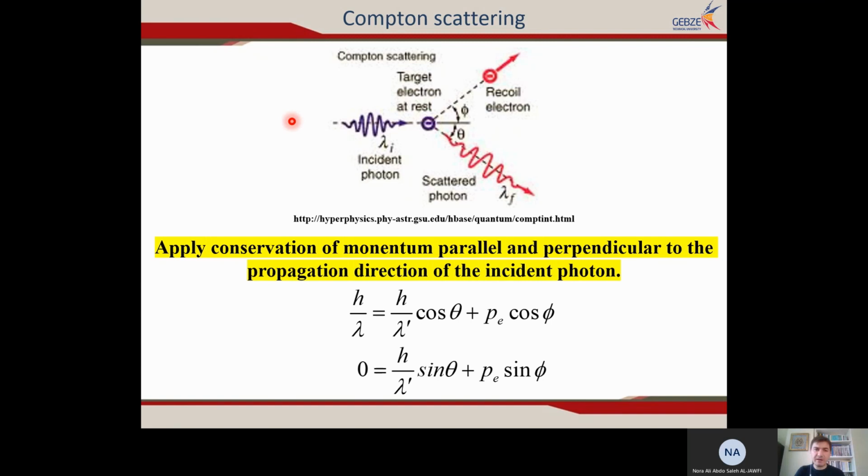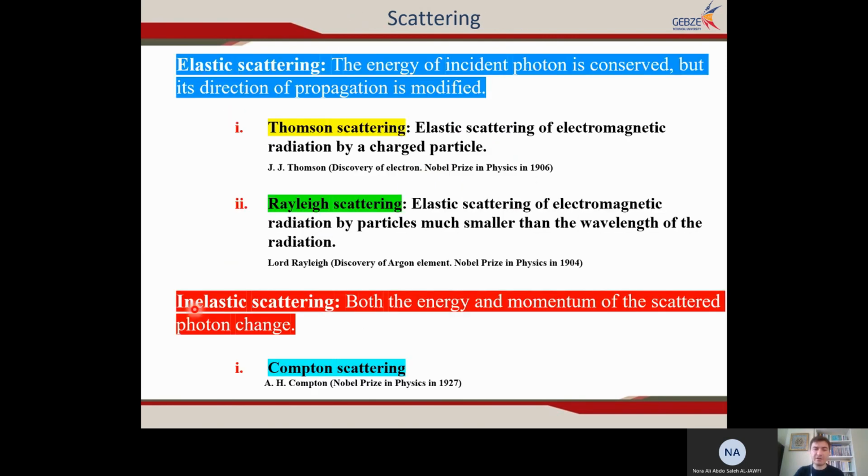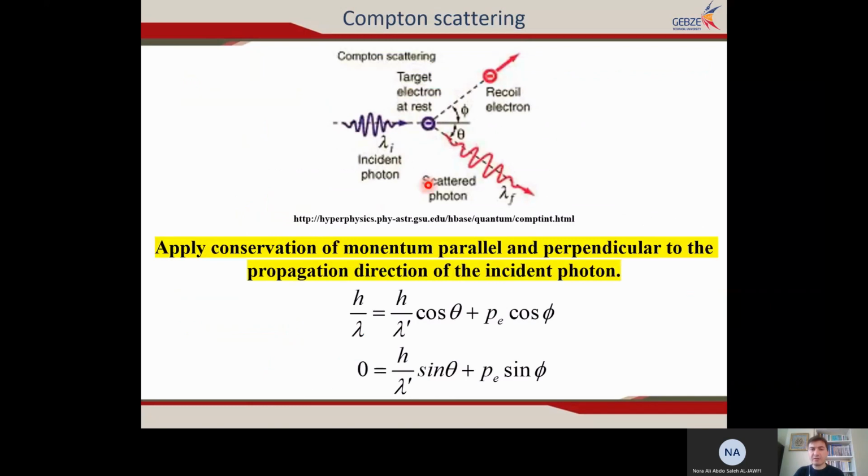This X-ray is coming, let's say, along the X direction, and after the collision, this electron is recoiled in this direction and the X-ray is scattered in this direction. But the main difference between elastic and inelastic scattering is that after the scattering, the wavelength and energy of the scattered photon are changed, okay?